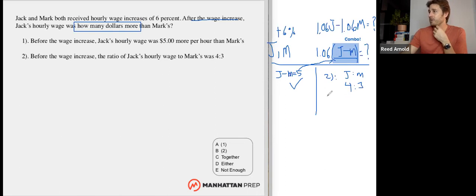And okay, that could be 40 minus 30, or it could be 20 minus 15. And I could get different original differences, which would get me different final differences. And so this would not be sufficient. The answer would be A.